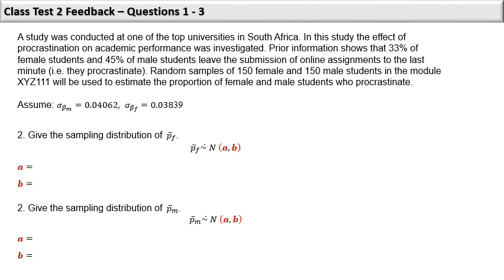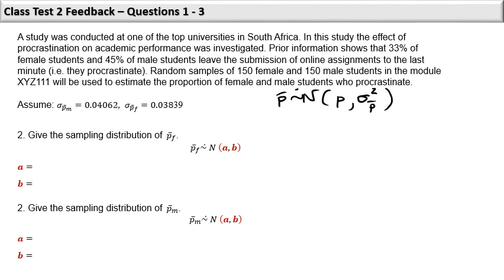So you either got the distribution of P bar F or P bar M, and we are agreeing that it is approximately normally distributed. Now the question is, what are the parameters? So you will recall in chapter 7 we said if we've got a P bar and it is approximately normally distributed, the parameters are the proportion and the variance, or sigma squared P bar.